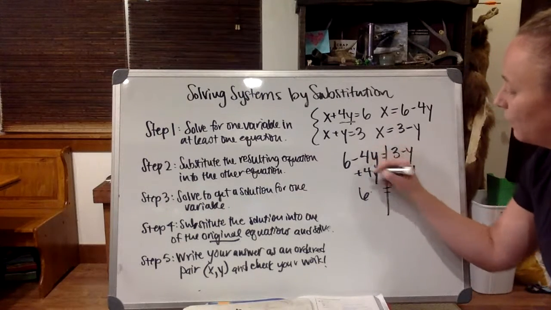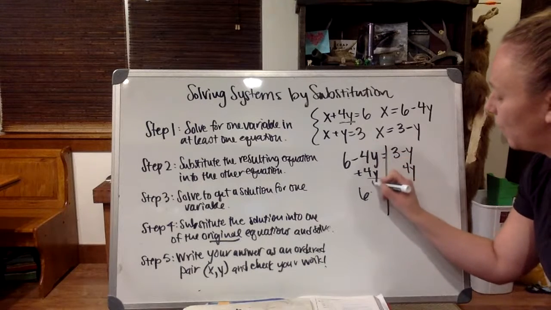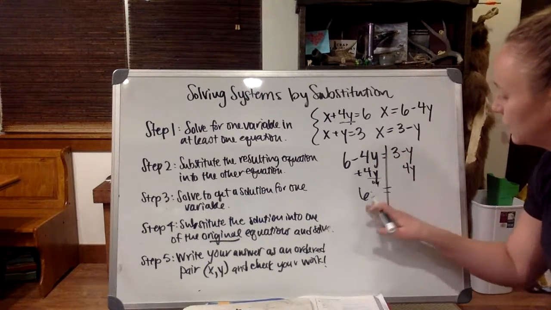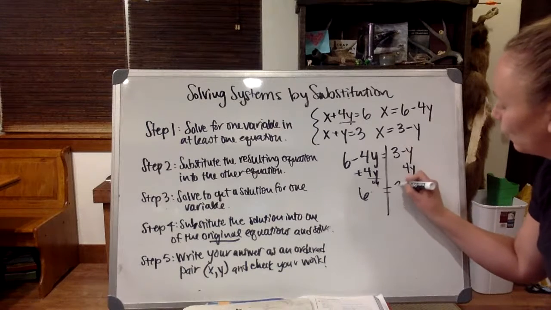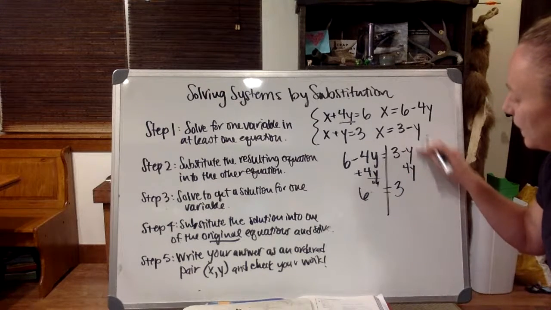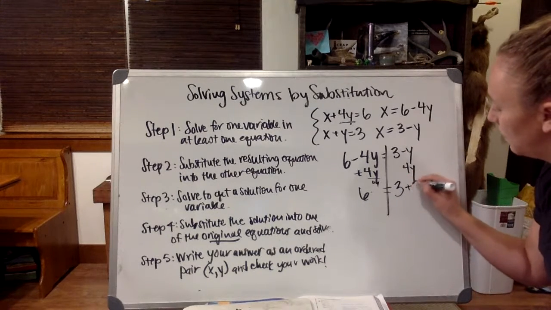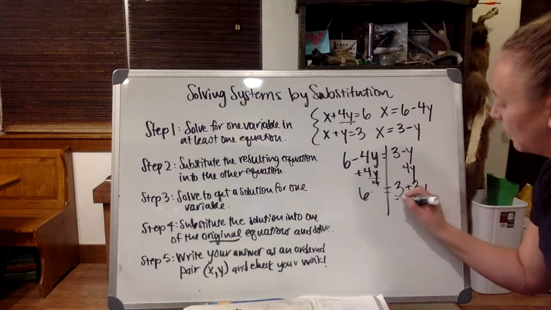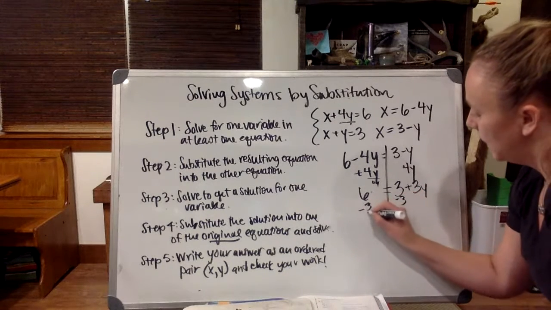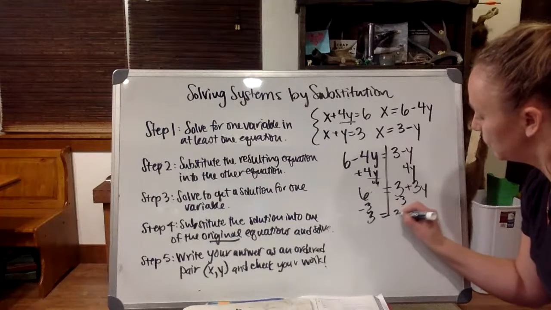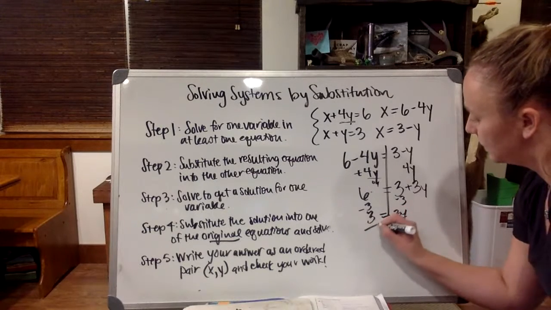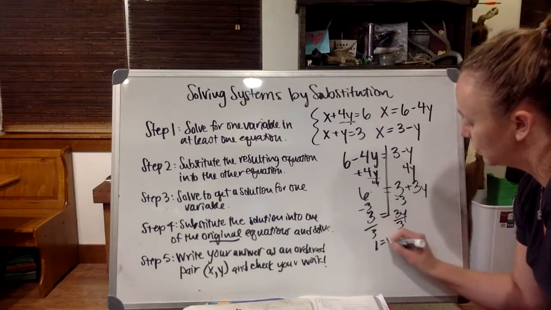Negative 4y plus 4y equals 0y, which is negligible. I can just look at the 6 now. I get 3 over here, and negative y plus 4y equals positive 3y. I'm going to subtract 3 on both sides. I get 3 is equal to 3y. Divide by 3, divide by 3. I get 1 is equal to y.